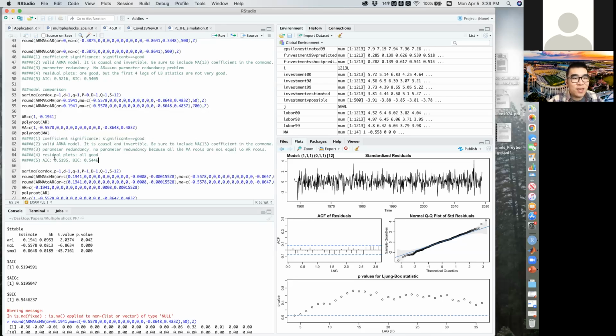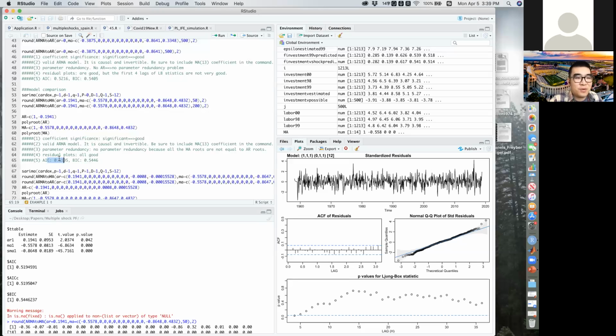However, I think the residual plots of model number 2 are better than the residual plots of model number 1. Okay, so for now, I think I will consider model number 2 better than model number 1. On criteria 1, 2, 3, they are pretty much similar.